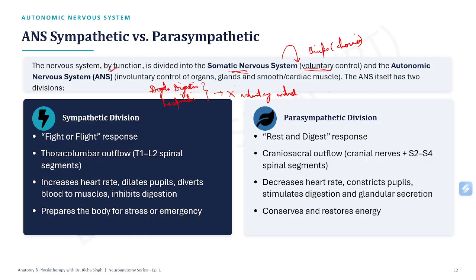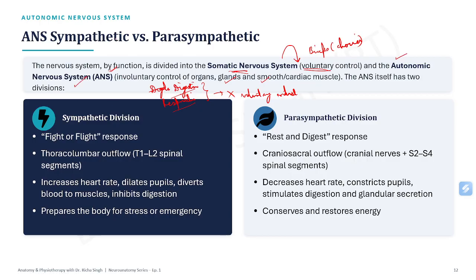So the functions of glands, the function of the smooth or cardiac muscles, are not under our control. Functions which are not under our control, which are involuntary functions, are controlled by the autonomic nervous system.